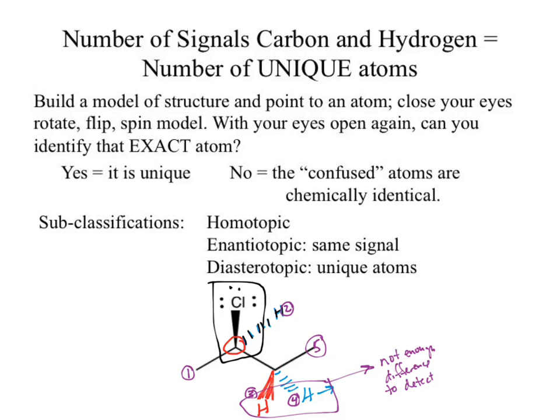Does this make things a lot more complicated? Yes. Go through and look at the spectra packet that you've been assigned. Look at all the spectroscopy that you can find on the internet. You will find that the vast majority of the problems you are told to solve do not involve chiral atoms, because it makes it vastly more complex and difficult to interpret.